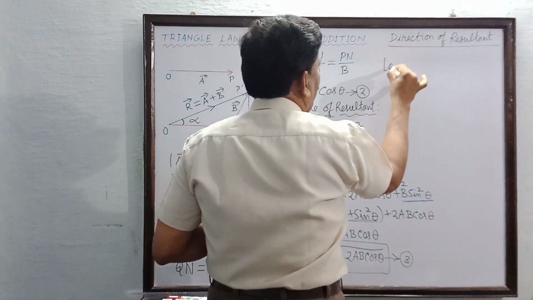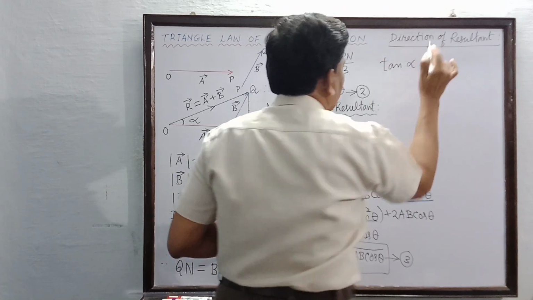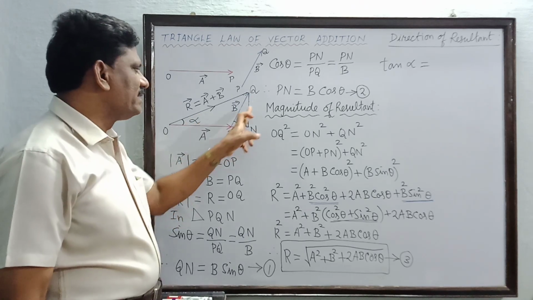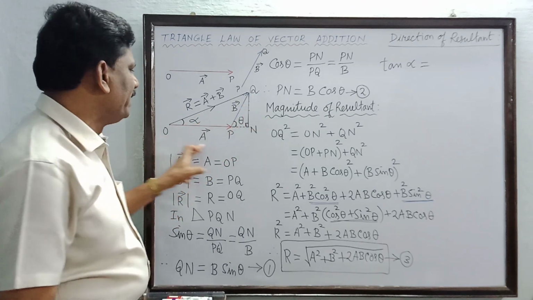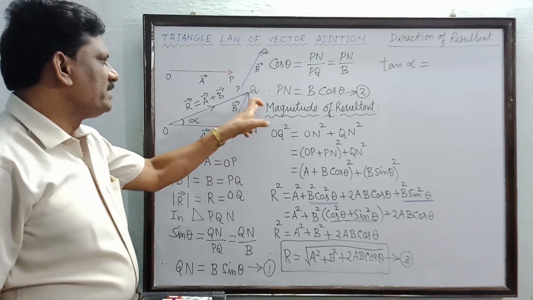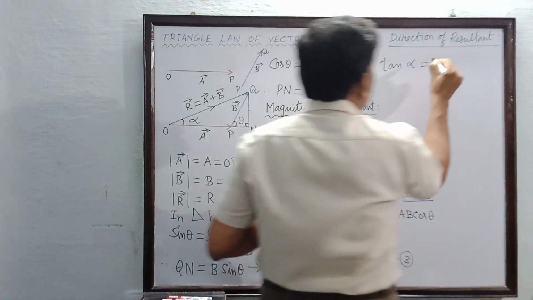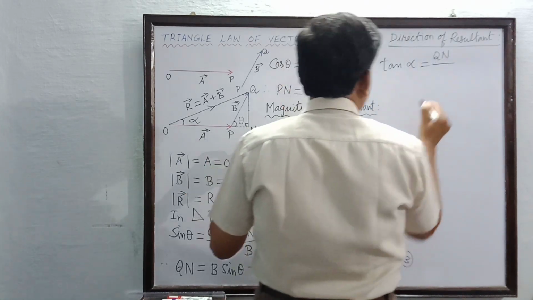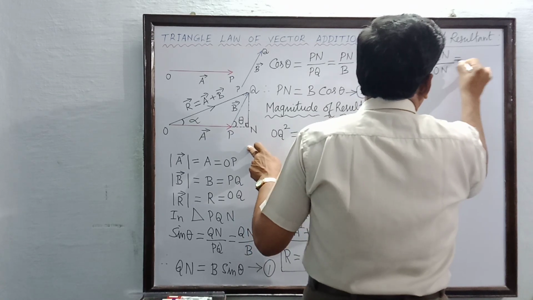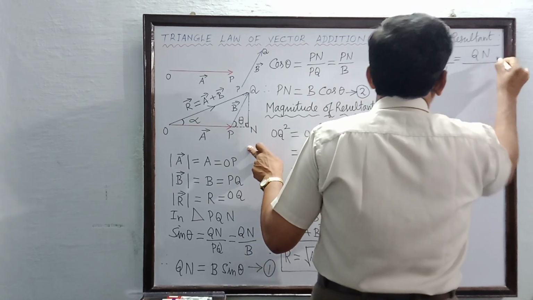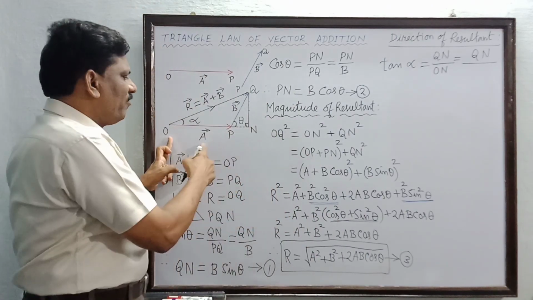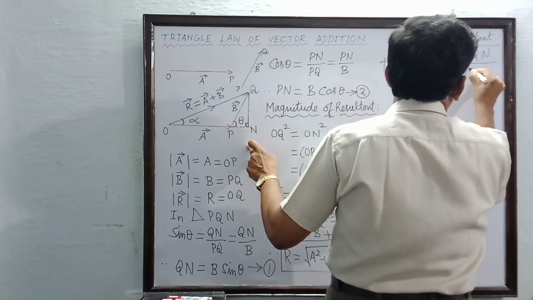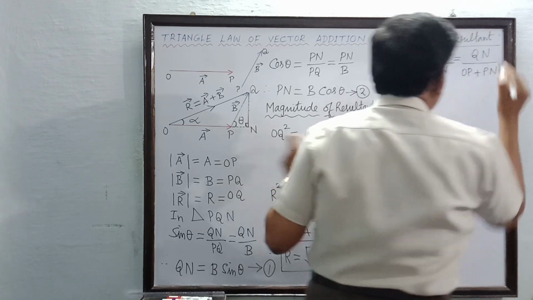So for that I want to find the tan value of alpha. Tangent of alpha is equal to opposite side divided by adjacent side. So the side opposite to alpha is QN. So this is equal to QN divided by the side adjacent, which is ON. So this is QN by ON, where ON is the sum of OP and PN, which is OP plus PN.